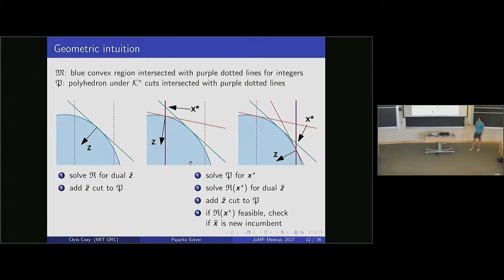Okay, so we're going to solve the relaxation problem, and we're going to get some dual or some k star cut, z bar, and we're going to add this cut to our MILP relaxation, and then everything under this intersected with the purple lines is going to be feasible for our MILP relaxation, the outer approximation model, funky P.